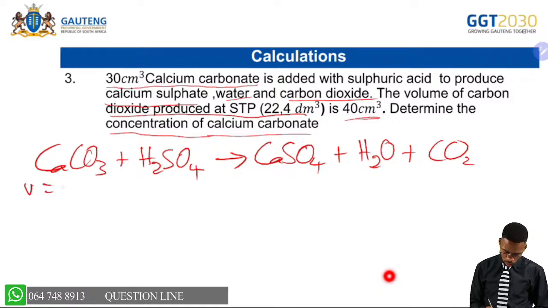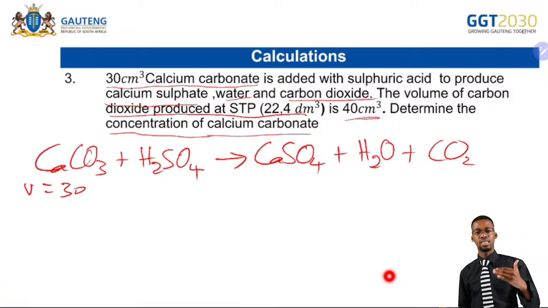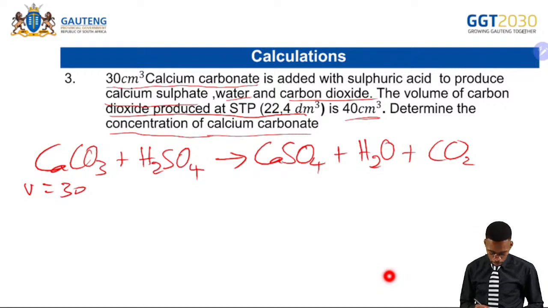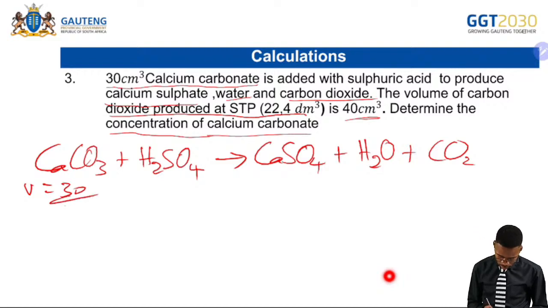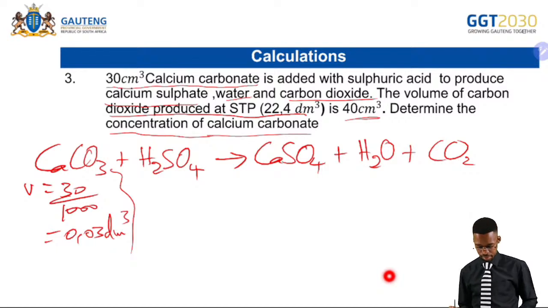So we have 30 cm³. We must convert it to dm³. So you divide by 1000, and you are going to get 0.03 dm³. So this one is for calcium carbonate.